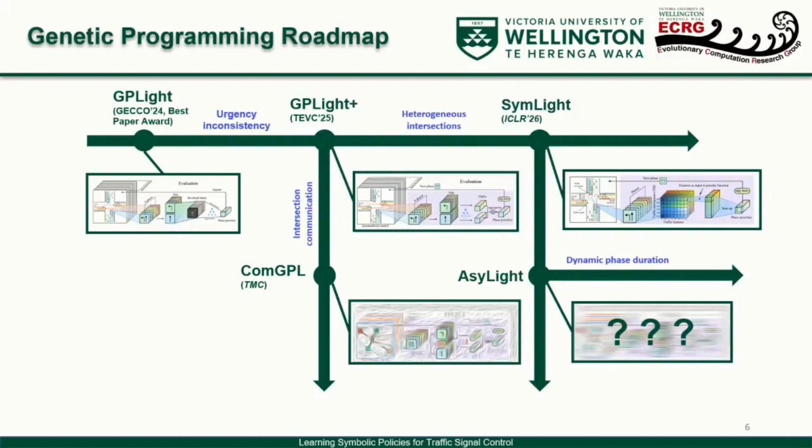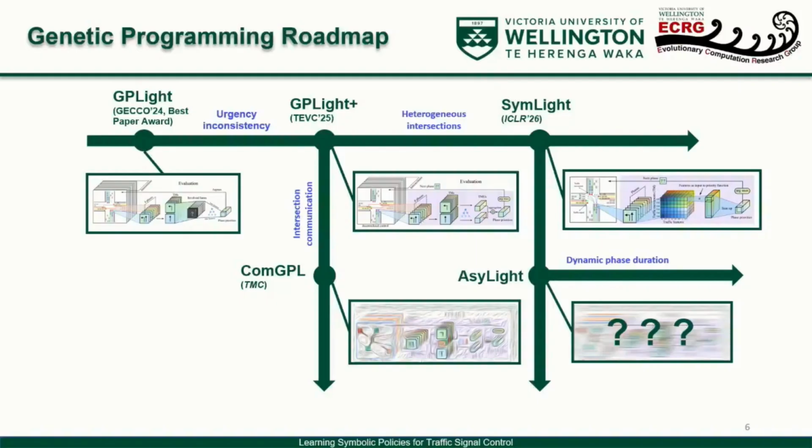That's the baseline approach showing we can use genetic programming to learn an effective traffic signal control policy. And later on, we further improved this model by addressing the inconsistency of urgency between the phases.